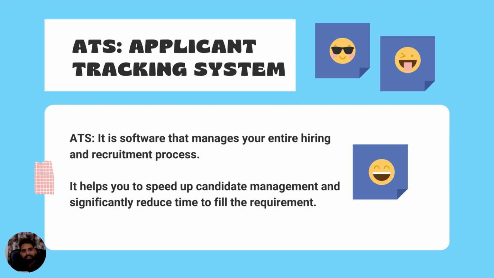If we talk about the definition, it is software that manages your entire hiring and recruitment process. So it is software that manages the entire hiring process, means submission, interview, their placement, their joining. Everything would be managed by this kind of software.